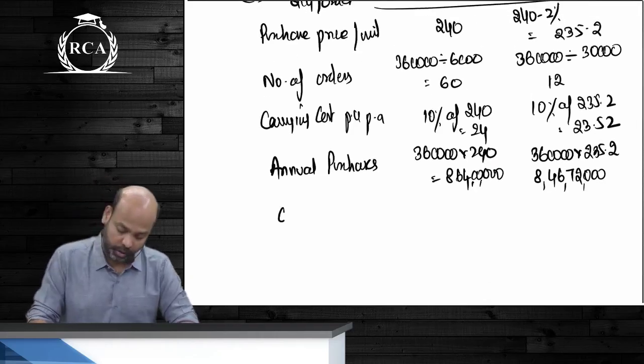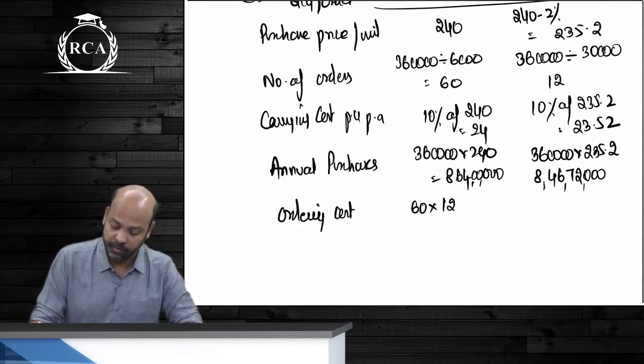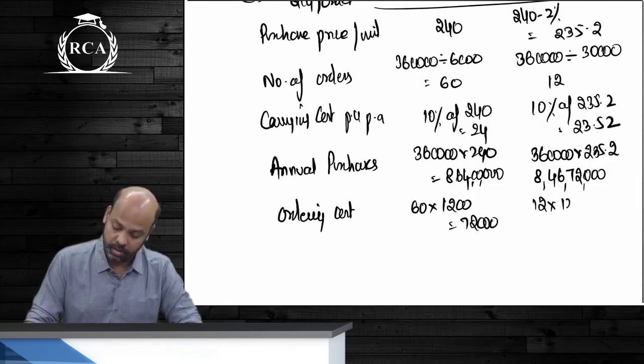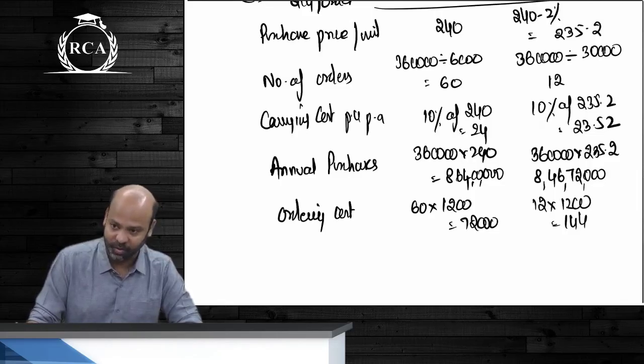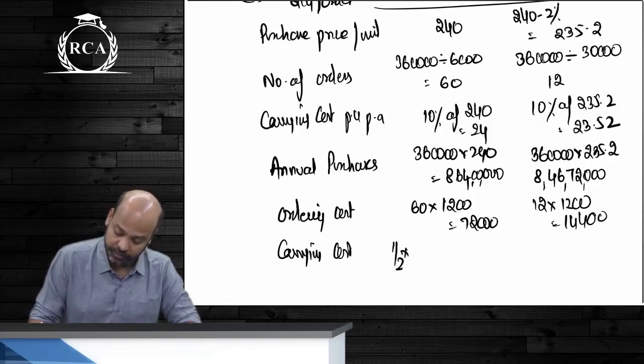What will be your total ordering cost in the year? 60 orders multiplied by 1200, 72,000. 12 orders multiplied by 1200, 14,400. Carrying cost would be on half of that ordered. Half of 6,000 units multiplied by 24, 70.